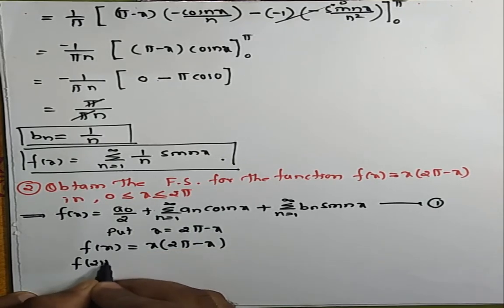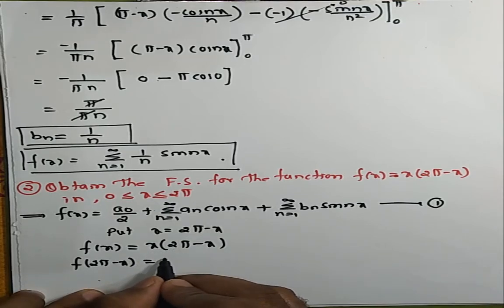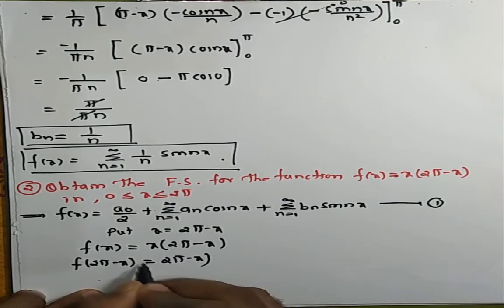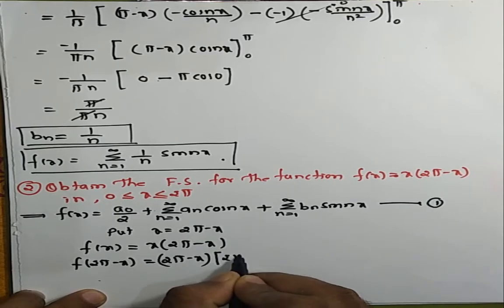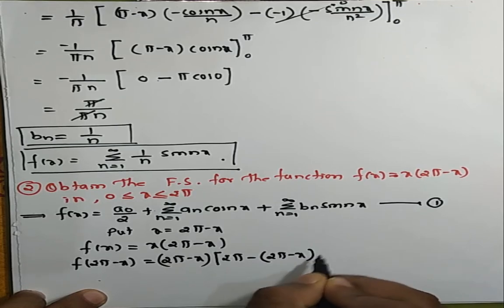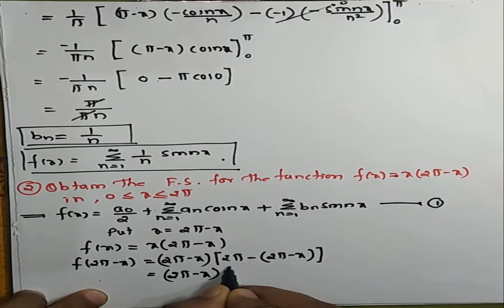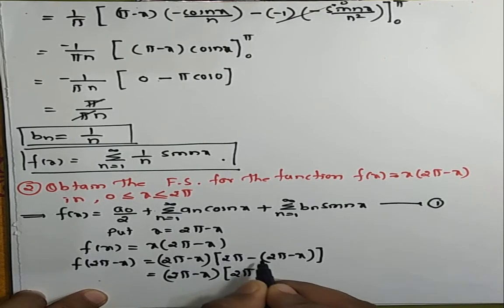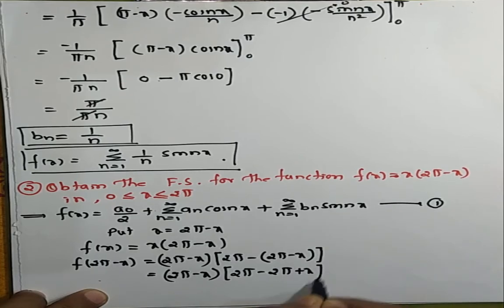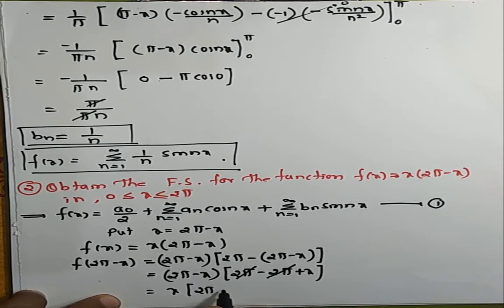So x becomes 2 pi minus x, into bracket, 2 pi minus (2 pi minus x). Now you can solve like this: 2 pi minus x bracket as it is, bracket 2 pi, multiply minus sign, minus 2 pi, minus into minus plus x. Now see here, minus 2 pi plus 2 pi gets cancelled. So finally you got x into bracket 2 pi minus x.